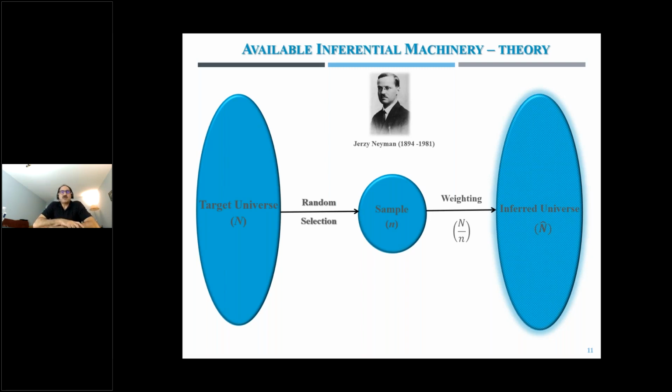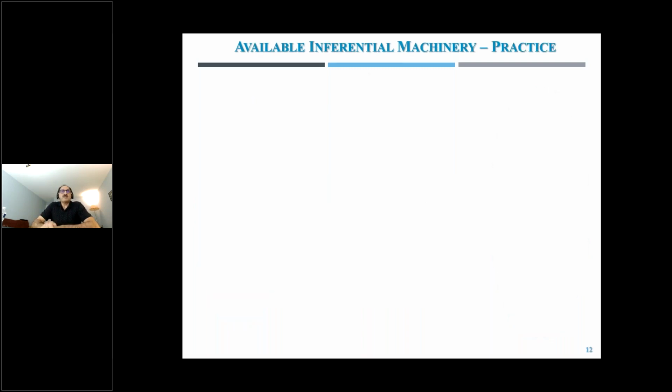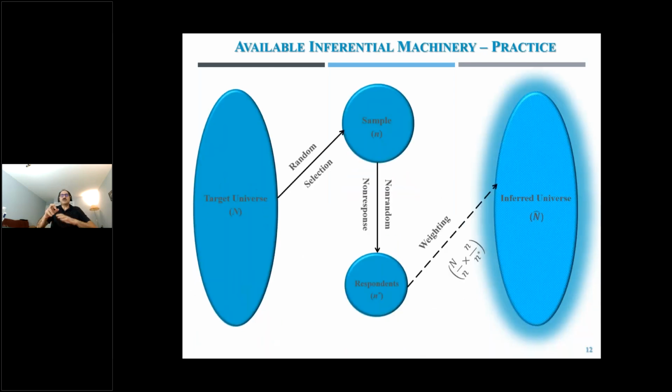We would be able to make inferences, measurable inferences about the target population based on the sample through the magic of weighting. And throughout the years, we have actually learned to deal with some of the practical limitations that we often encounter during the survey administration, such as differential non-response.